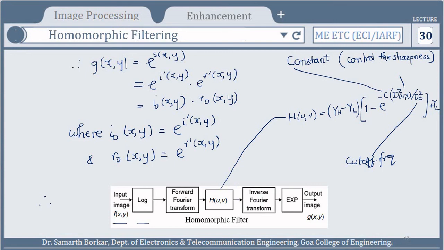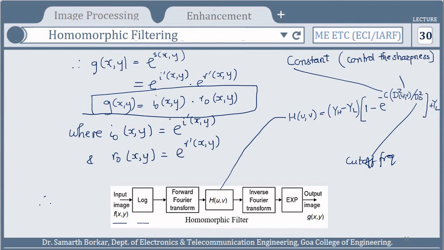And then again we have to apply the inverse Fourier transform, and since we applied the logarithmic operation right in the beginning, the inverse of log is the exponential function, and once we apply it we get the final output as g of x, y equals the product of these two terms. Fine.